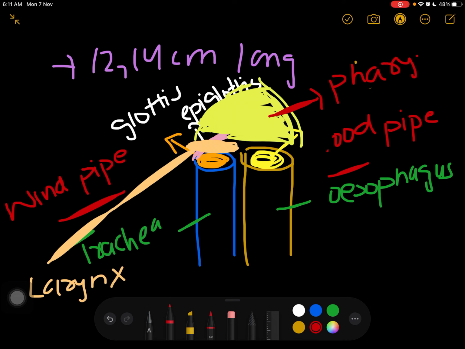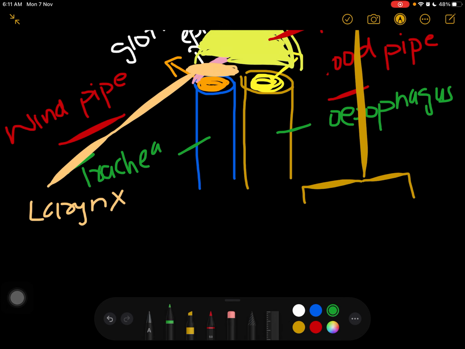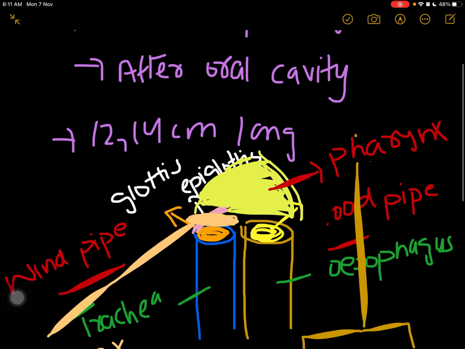So the pharynx bifurcates into larynx and esophagus. The tube divides into larynx and esophagus, and the larynx goes into the trachea. So I hope the concept and the anatomy is clear to you.